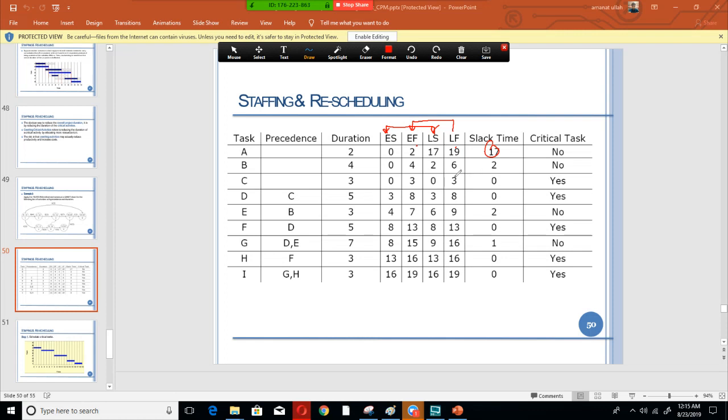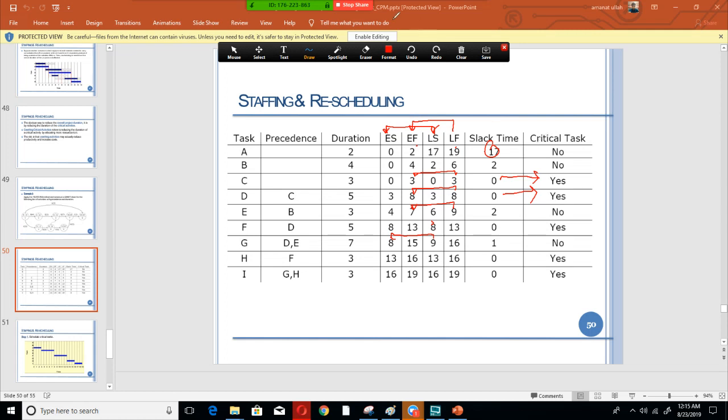So let us check for this one. 3 minus 3 will be 0, 8 minus 8 would be 0, 9 minus 7 would be 2. If you have a slack time of 0, it is a critical path, and if the slack time is not 0, it's not a critical task, right?